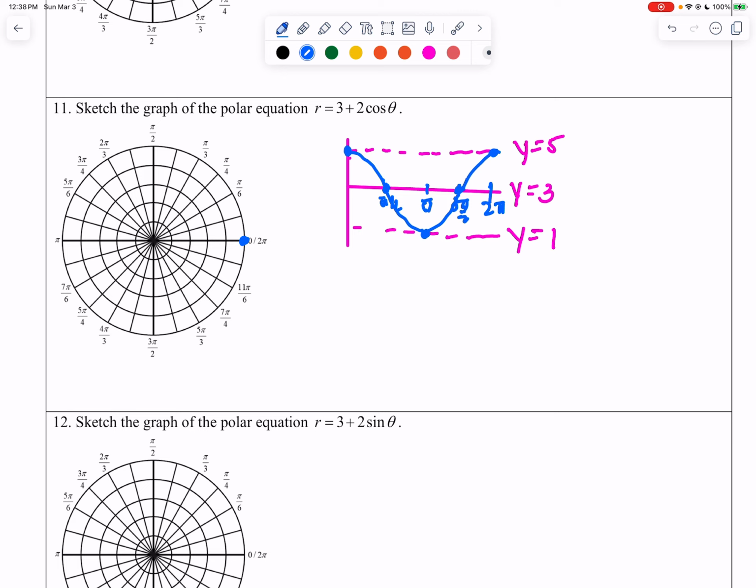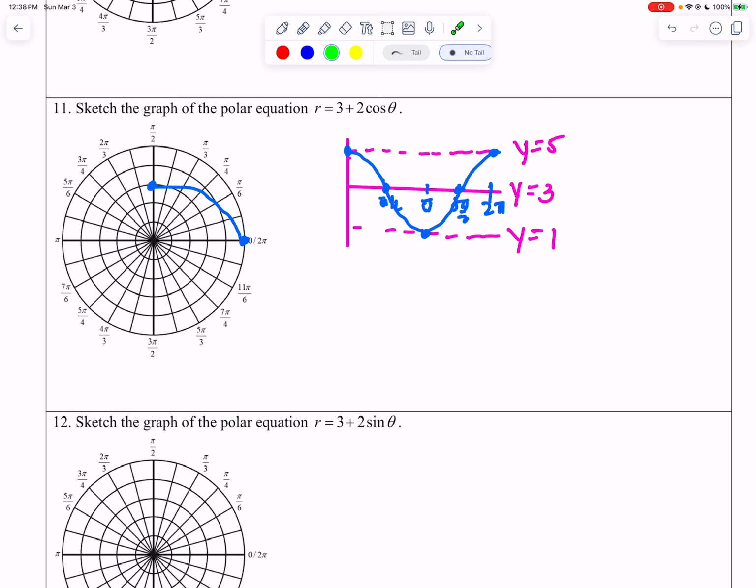So 1, 2, 3. And notice how here, as my theta values increase, my r values decrease, which tells me that I am going to be decreasing. So it should look something like that, where I am decreasing. I know it's not pretty, but we'll look at the Desmos version of this.